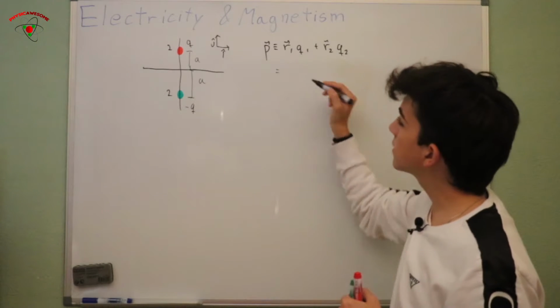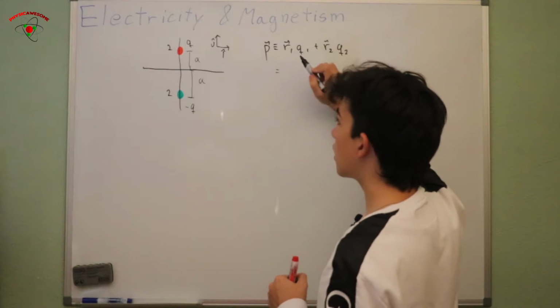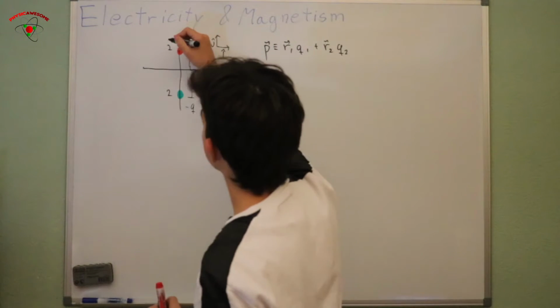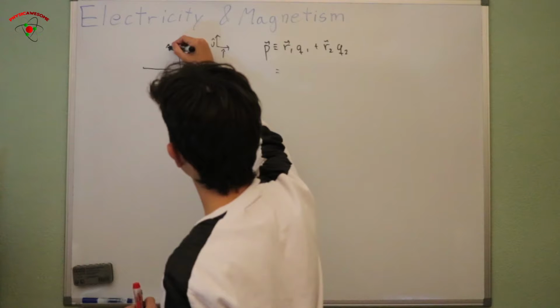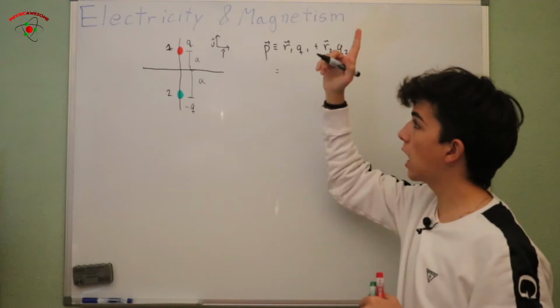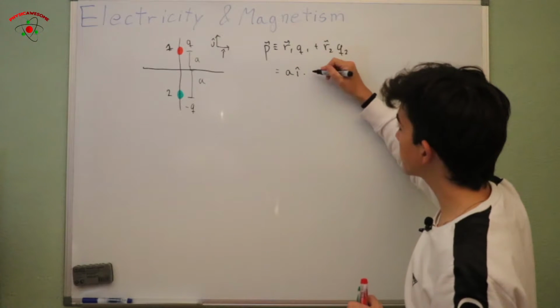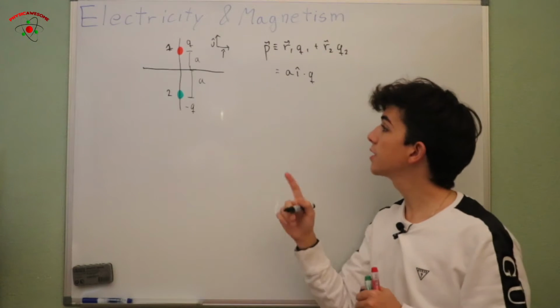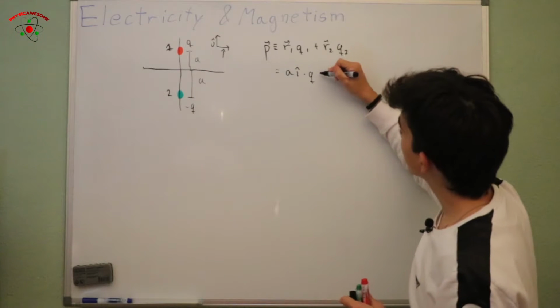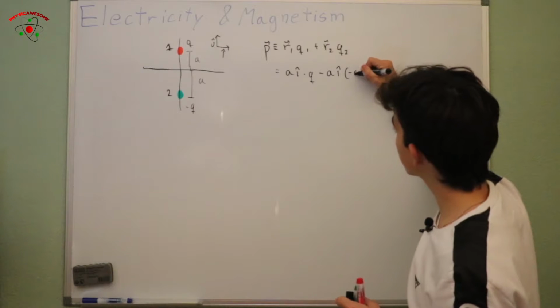We will have that the dipole moment is, let's see, r1, which is, well, that seems like a 2, but it's really a 1. r1 is going to be pointing up, a times j hat, times a positive charge, so just q, and r2 is going to be minus a j hat times minus q.